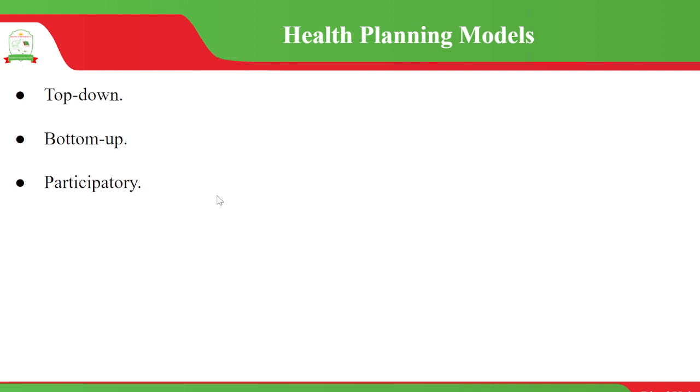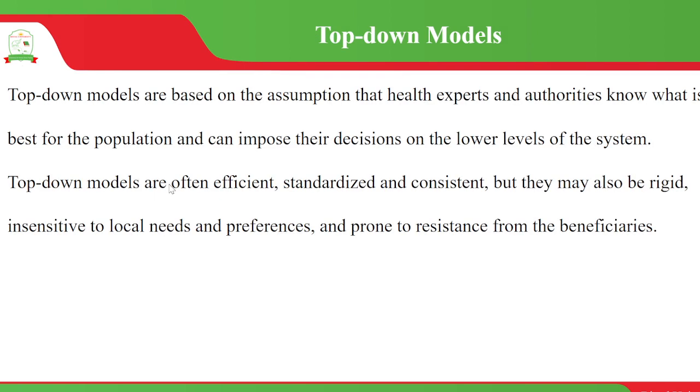So what are the different models that you can use for planning? We are going to look at three: top down, the one we often call top bottom planning, then bottom up, or bottom top planning, and then participatory health planning.